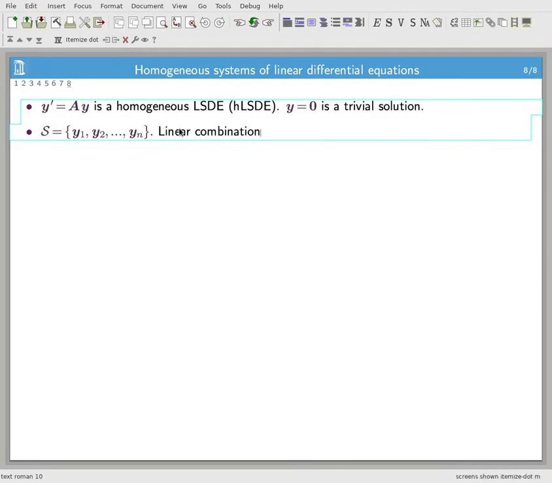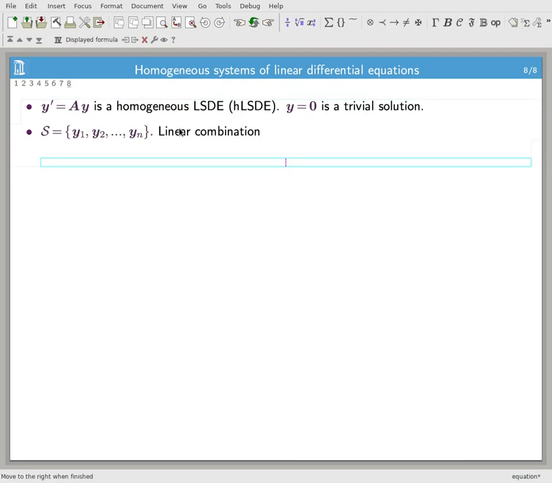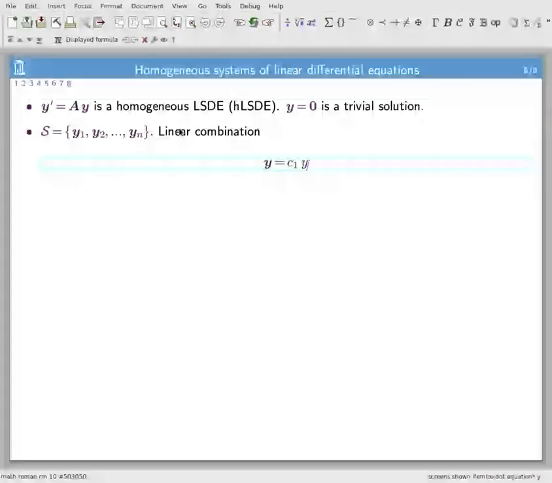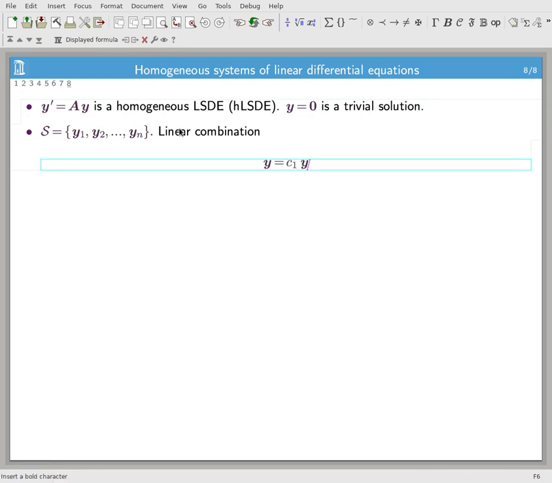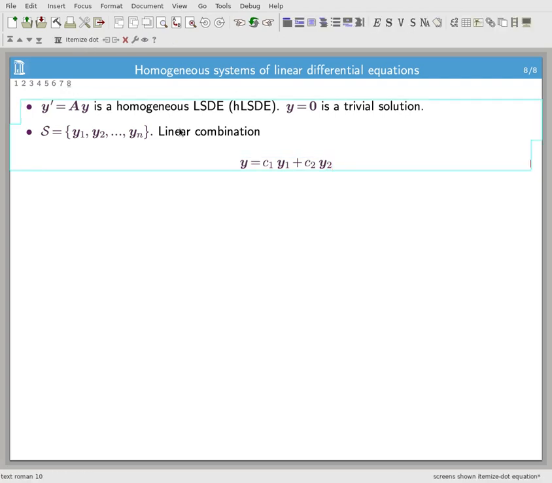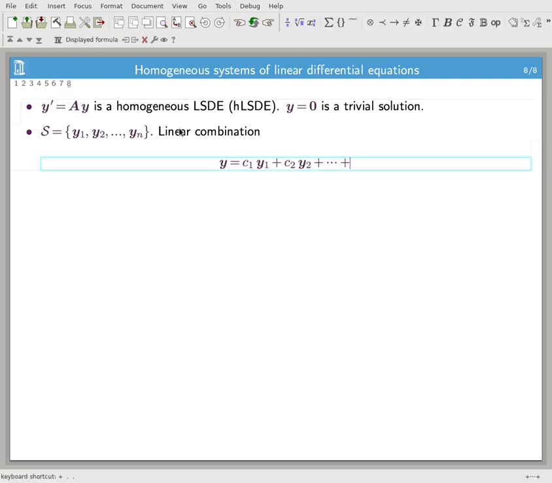The linear combination would be some y, which would be a scalar c1 that amplifies the direction given by y1, plus another scalar c2 that multiplies y2, all the way of course to the final one, yn multiplied by cn.